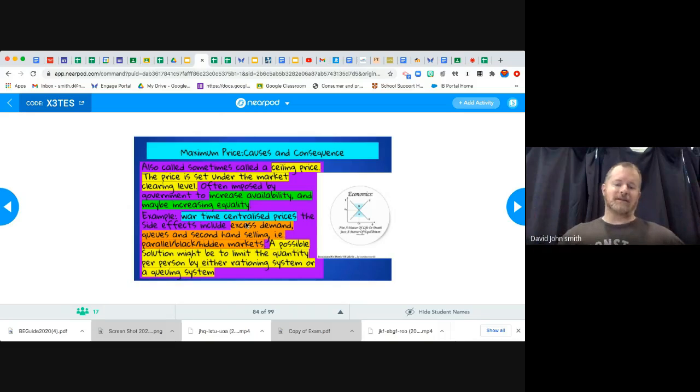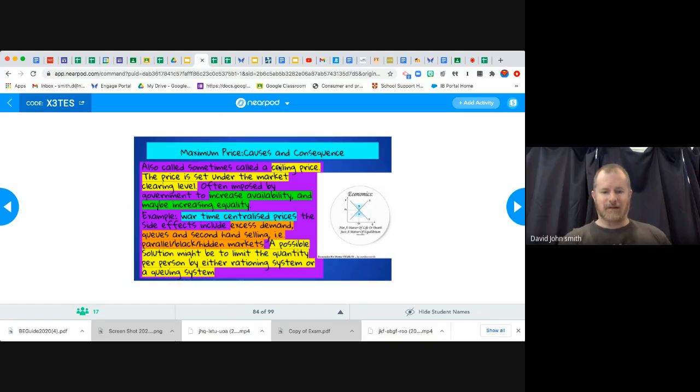Now the problem is, as soon as the government gets involved, the market's going to go, whoa, because you are preventing the invisible hand from working. Remember, when we turned on the taps, the market naturally wants to go to the equilibrium. But if you turn on the taps and you've put a plank of wood across the sink, the water's not going to go down the drain, it's going to spill out all over the floor.